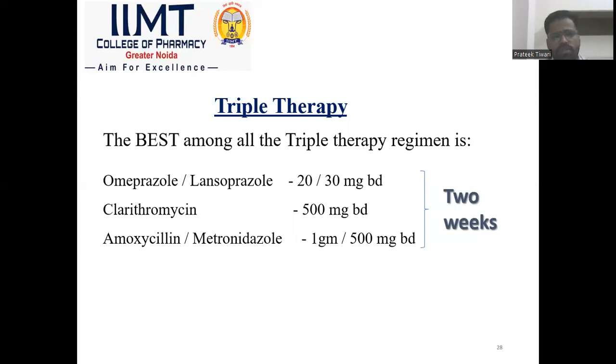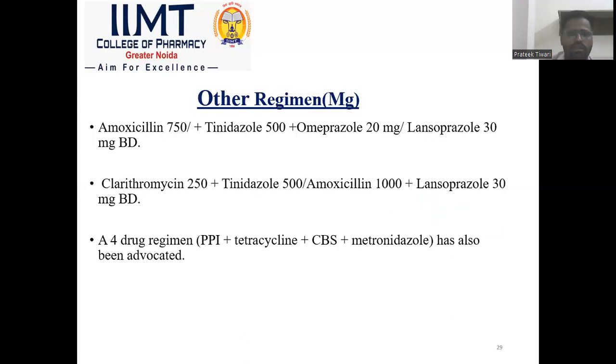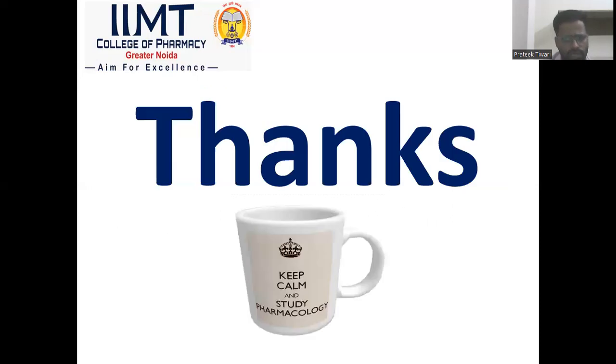In triple therapy, we use omeprazole, a PPI, plus clarithromycin, and either metronidazole or amoxicillin, for 2 weeks. Basically, this is the best among all the triple drug regimens. Another triple drug therapy is amoxicillin plus omeprazole plus tinidazole, but the best one I already told you.